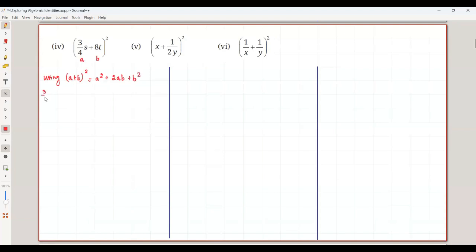So 3 by 4 s plus 8t, the whole square is equal to a square, that is 3 by 4 s the whole square, plus 2 into a value 3 by 4 s into b value 8t, plus b square. B square is 8t the whole square.